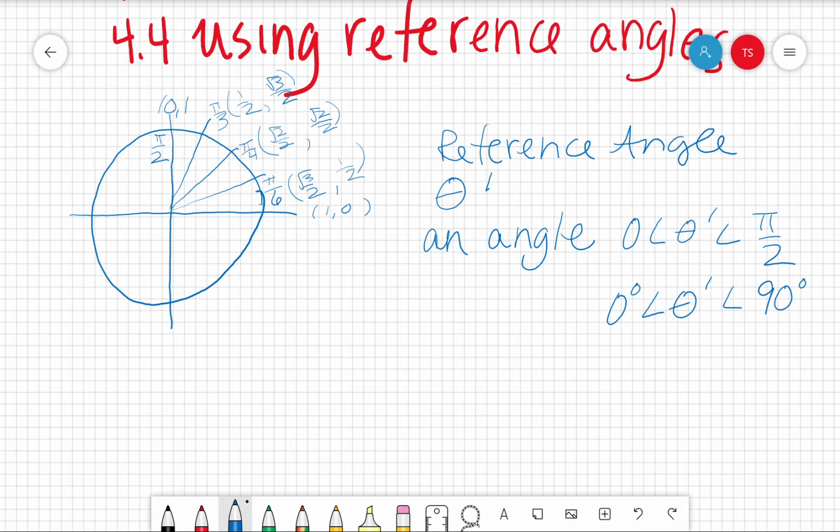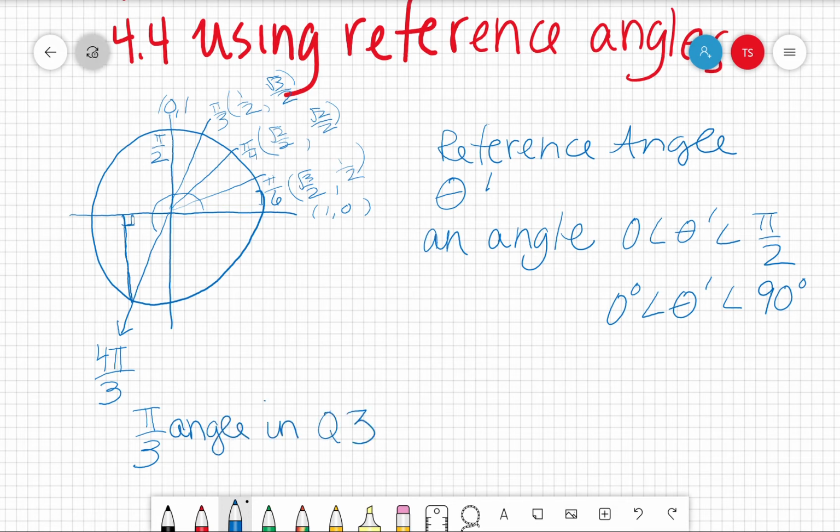So for example, if we wanted to find the sine and cosine of 4 pi over 3, that's going to be here in quadrant 3. Then our triangle is going to be this right triangle here. So you can think of it that way, or you can just say it's the pi over 3 angle in quadrant 3.